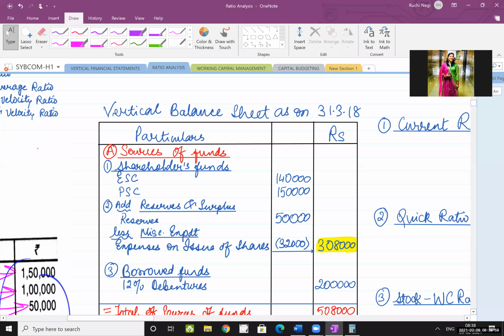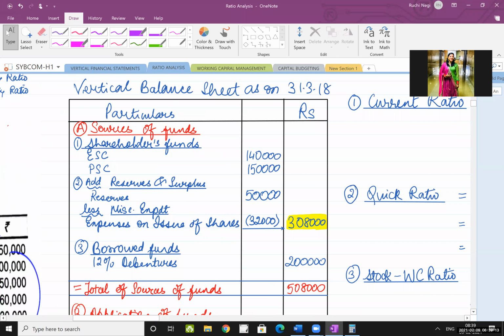First we will learn ratios with the vertical balance sheet. See, in the question you are only given the balance sheet. First you will make the vertical balance sheet and then you will calculate the ratios. Understood? Since it's the beginning of the chapter, I will teach you how to do it with the vertical balance sheet first and then apply the ratios.